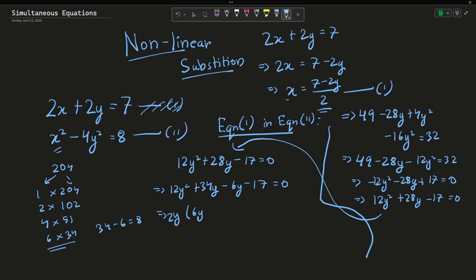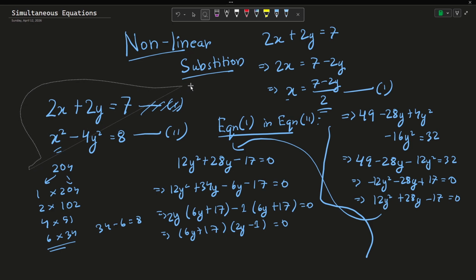So that will be 6y plus 17, if I just take minus 1 here, is equal to 0. Now this leaves us with 6y plus 17, 2y minus 1 is equal to 0. So first of all, let me erase this part.